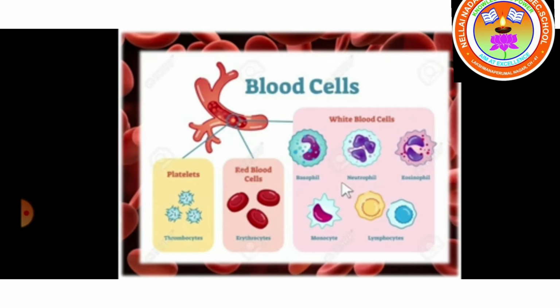It contains the white blood cells. In short, we can call them leukocytes. Along with the red blood cells and white blood cells, what else is seen? Platelets are also seen along with the erythrocytes and the leukocytes.